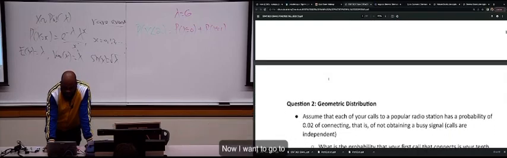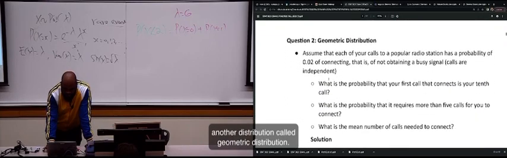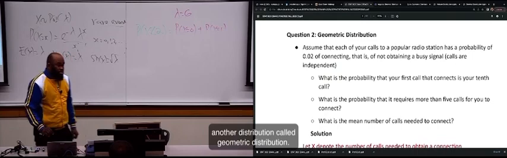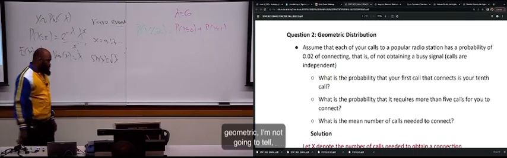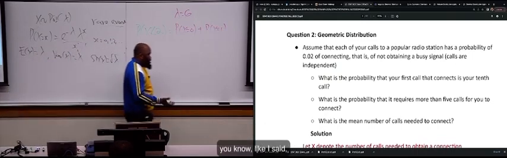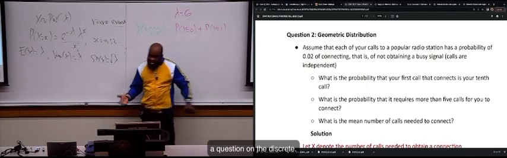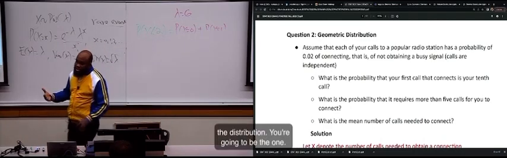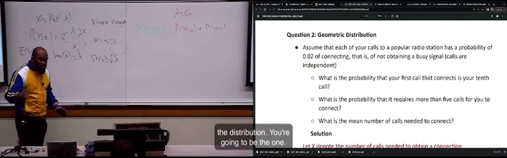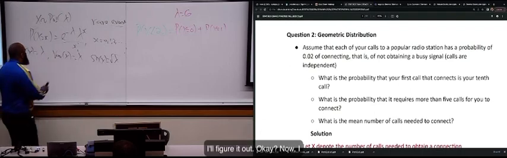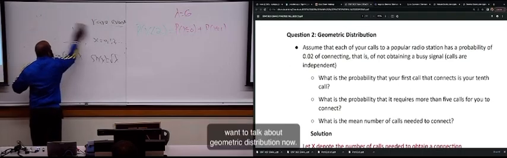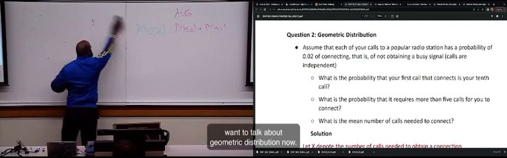Now, I want to go to another distribution called the geometric distribution. If I'm going to ask a question on geometric, like I said, a question on a discrete distribution, I'm not going to disclose the distribution. You're going to be the one that will figure it out. Now I want to talk about the geometric distribution.